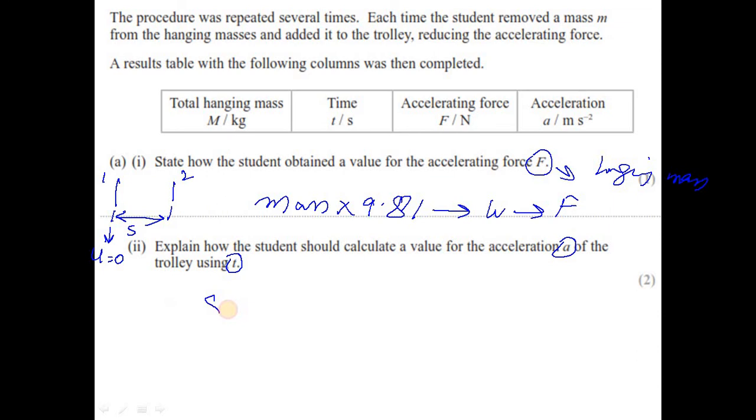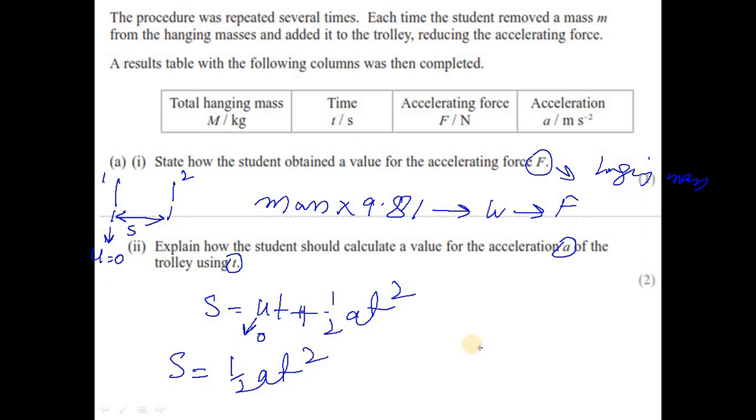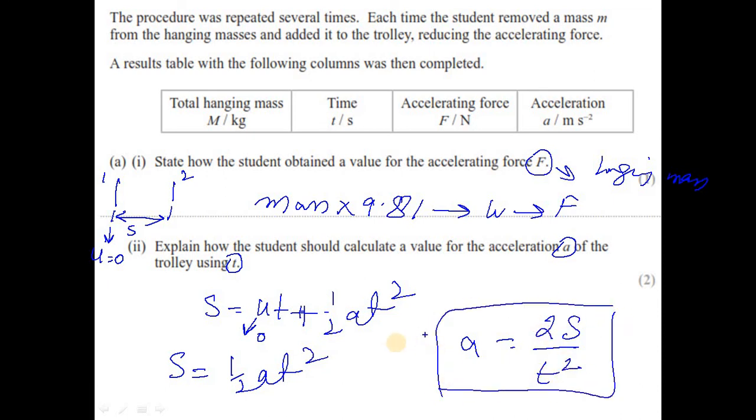So we can use s equals ut plus half at square, and u is 0. So s is half at square and a is equal to 2s by t square. This is how you can figure out acceleration.